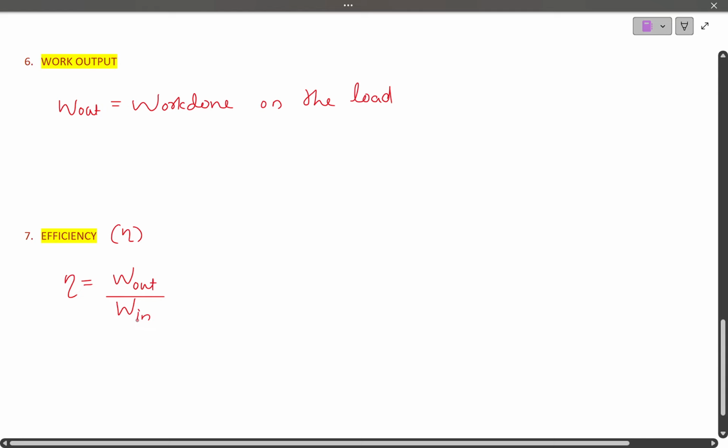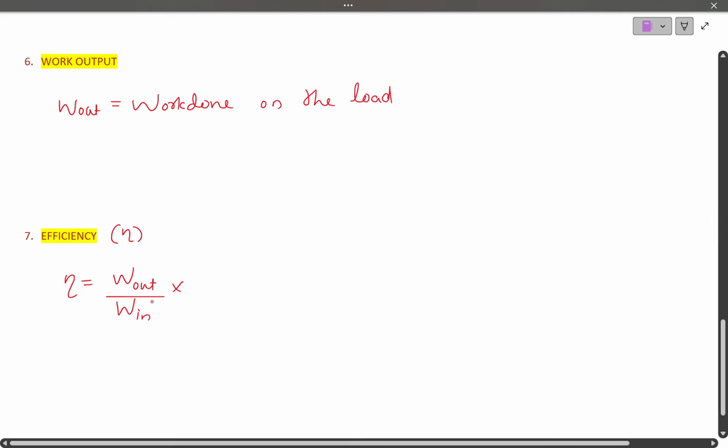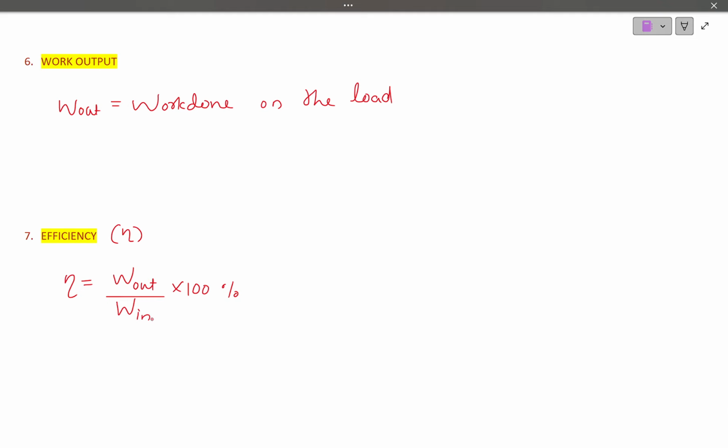And efficiency is usually expressed as a percentage. So we have to write work output by work input into 100%. So this is the required expression for the efficiency.